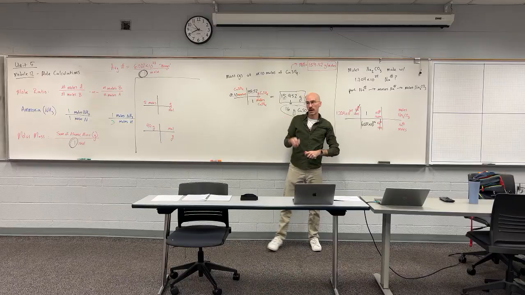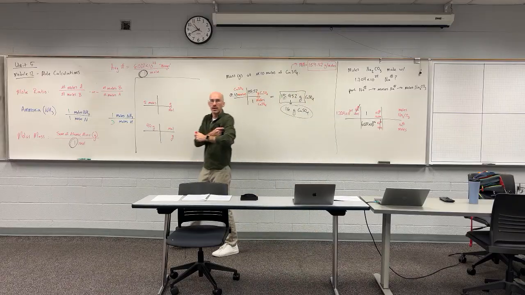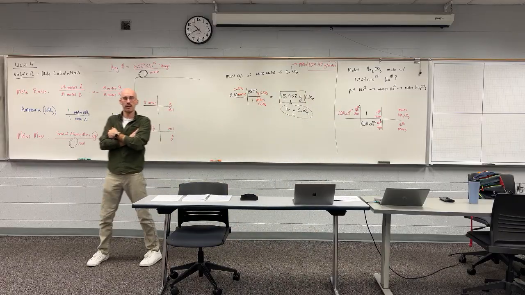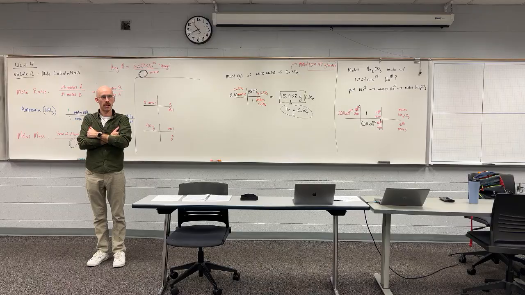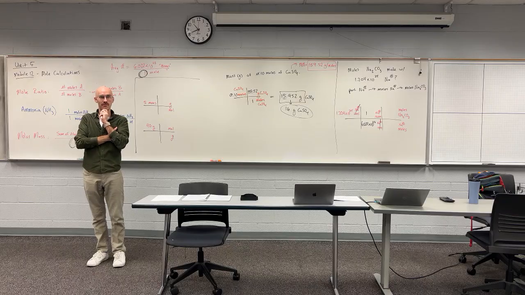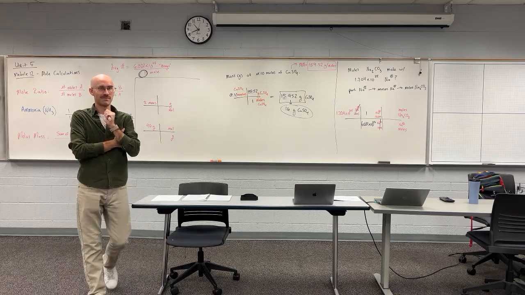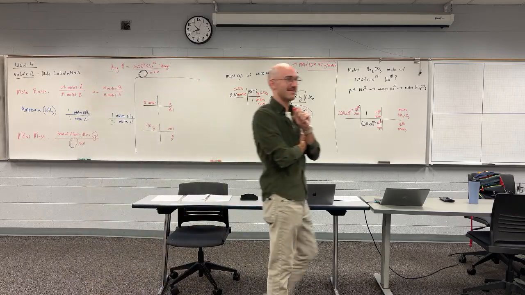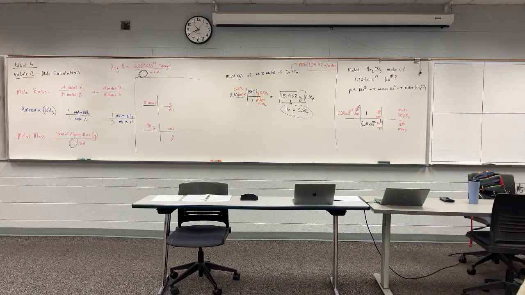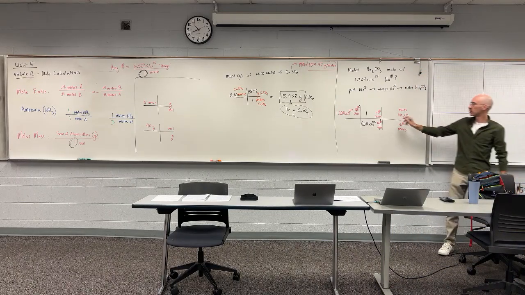All right, now I need my mole ratio. What number should I put on top? What number should I put on bottom? 1. And what number can I put on bottom then? 2.